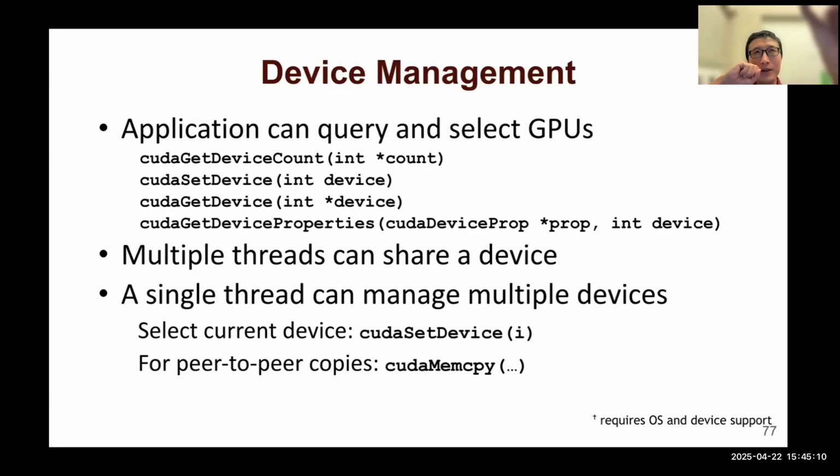Then each GPU can handle each chunk of data. You can do the parallel processing based on the way you chop up the data. You can use multiple threads to run on devices, or you can use one thread to handle one device.